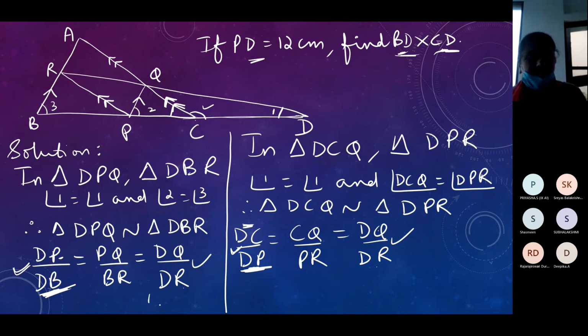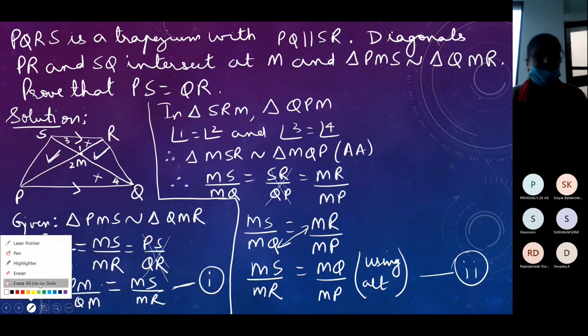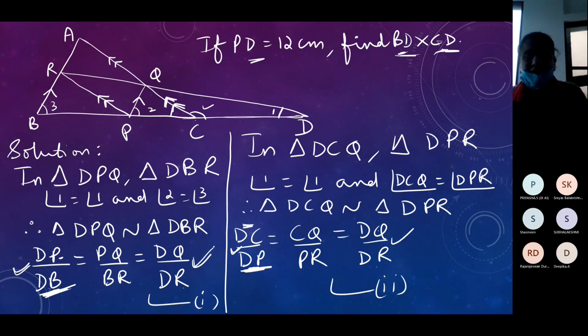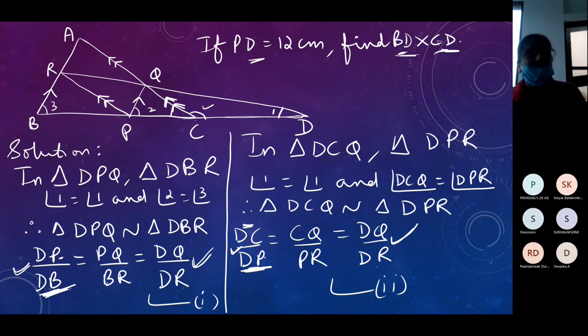If you call these 1 and 2, when you compare 1 and 2, since we have the same ratio DQ by DR, we understand that DP by DB is equal to DC by DP.